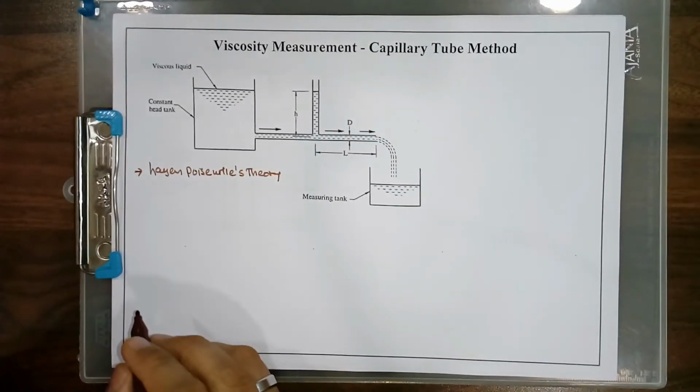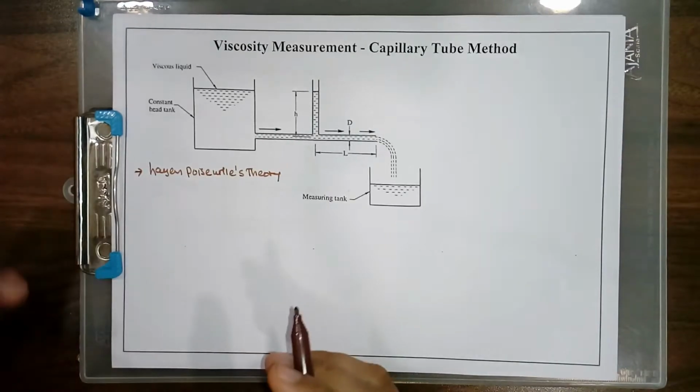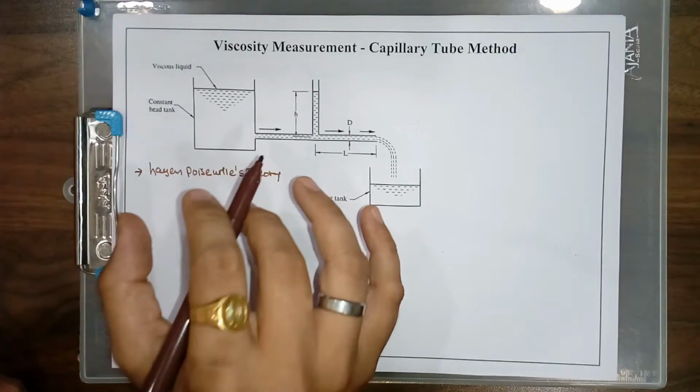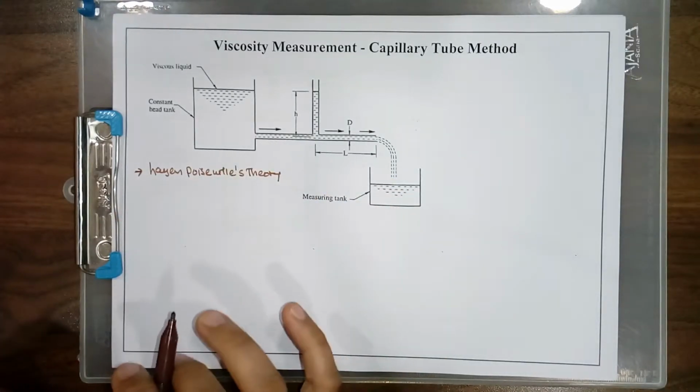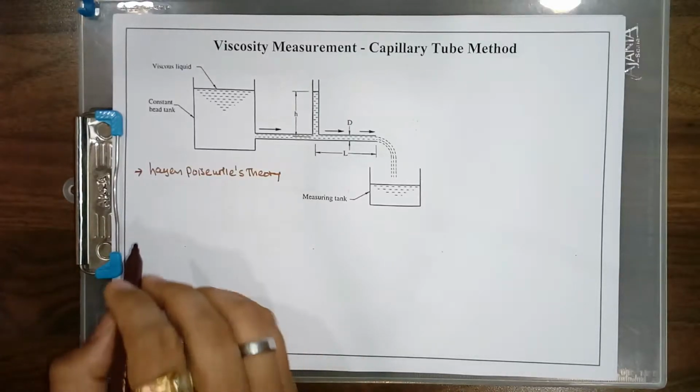So let us write the various nomenclatures we use for the derivation. One more thing I want to tell you, that during this experiment we kept the temperature of the fluid constant so that we get the exact result about the viscosity.